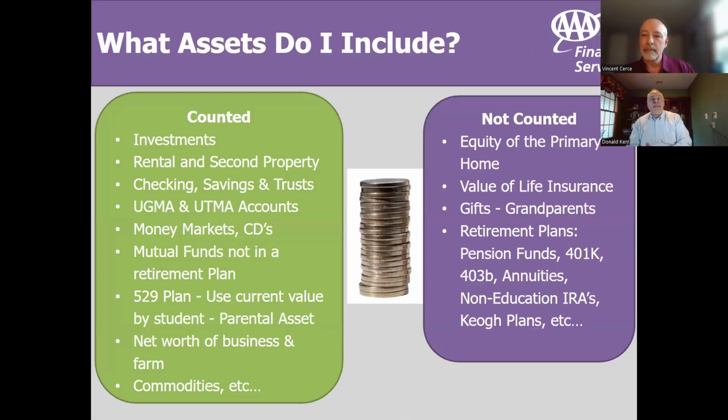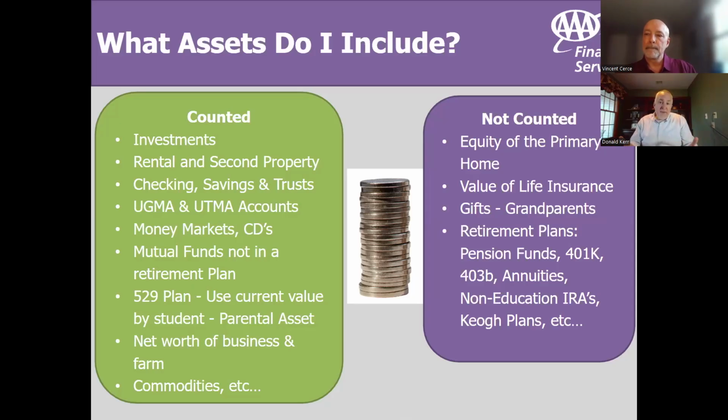I like to start with the not counted things on the FAFSA, because there's a lot of big ones there. So the home you live in, that's an excluded or protected asset. You do not have to worry about the equity in your primary residence. Value of life insurance. If you have whole life insurance that has a cash value, that is also protected. Retirement plans, anything in any type of retirement account, 401ks, IRAs, pensions, annuities, all protected assets and do not go into the FAFSA form.